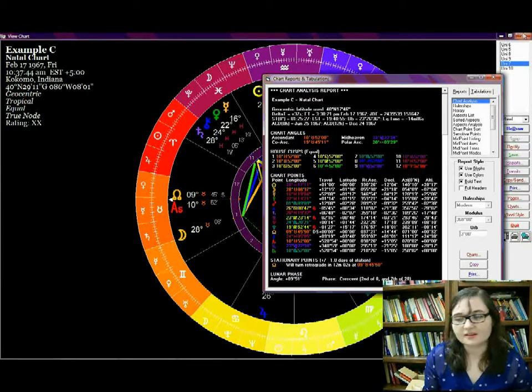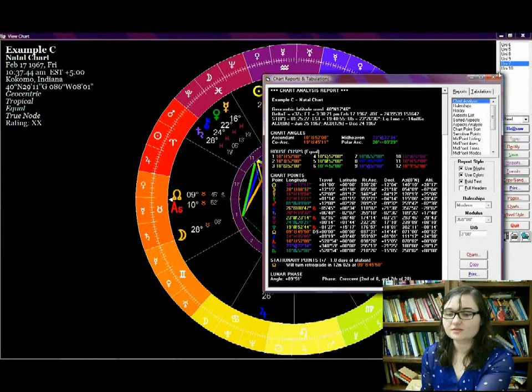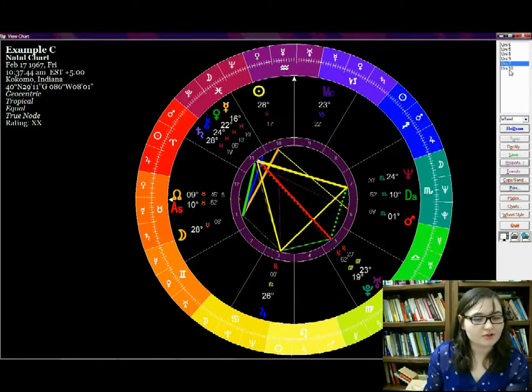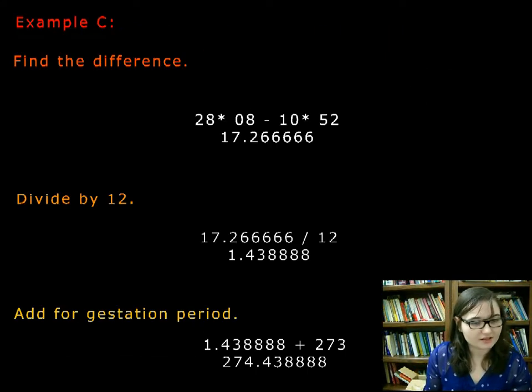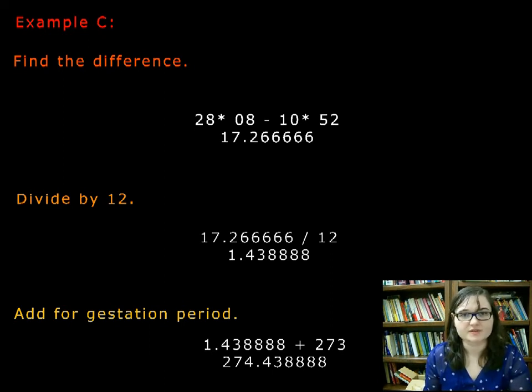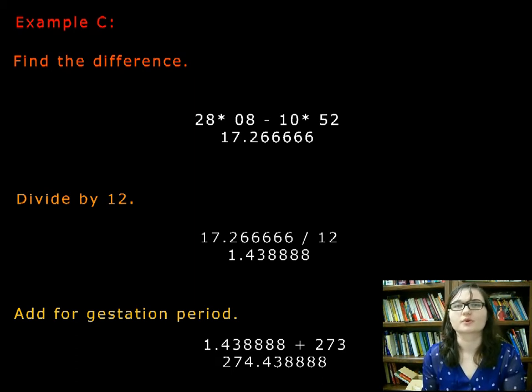So subtract those numbers of degrees: you subtract 10 degrees 52 minutes from 28 degrees 8 minutes, and that equals about 17 degrees. I changed my minutes into decimals for this purpose, just to make it easier for adding and subtracting. So 17.26 repeating.